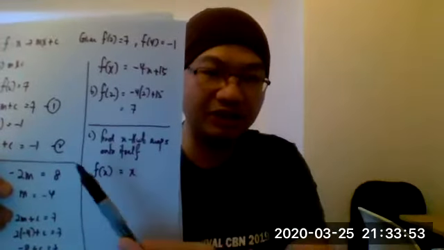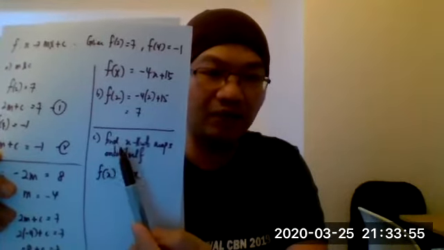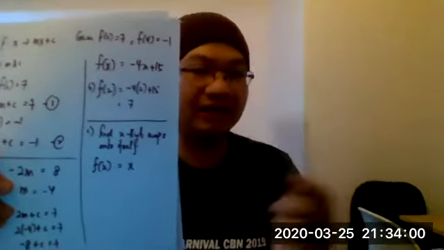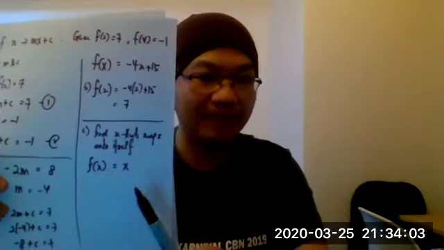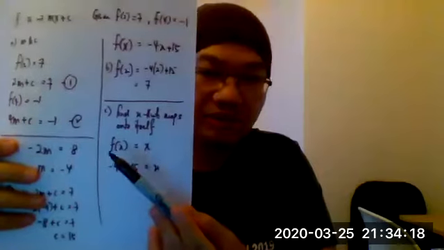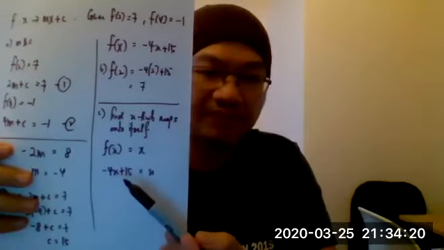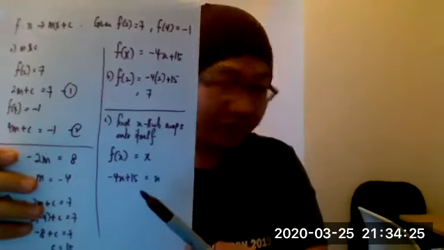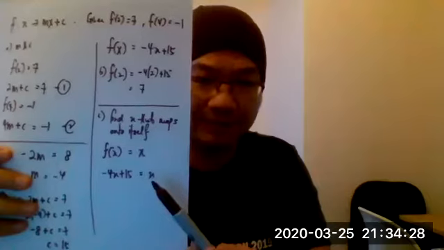So the other way to ask the question is find the value of x that maps onto itself. Dua-dua soalan ni, they are the same thing. So this is the formula: f(x) equals to x. What we can do is copy again the f(x), which is negative 4x tambah 15, and then we let it equal to x. Since we know that f(x) is negative 4x plus 15, and the soalan is asking maps onto itself ataupun doesn't change, that's why we equate it to x.